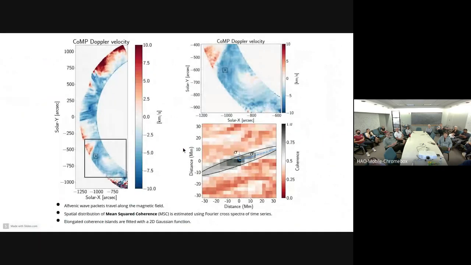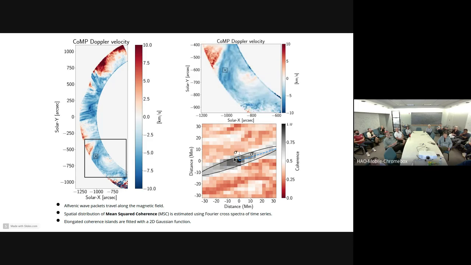So here comes how we can estimate the scale of the perpendicular correlation length. In this process we use the line of sight Doppler velocity data, and we subscribe to the view that these Alfvénic wave packets are traveling along the magnetic field lines. We select a pixel, and corresponding to that pixel, we can get the estimation of the coherence in the Fourier domain.